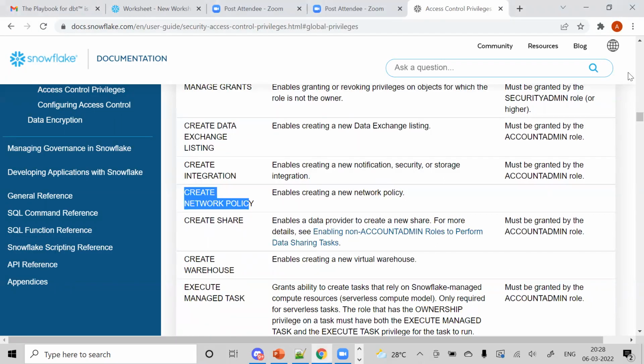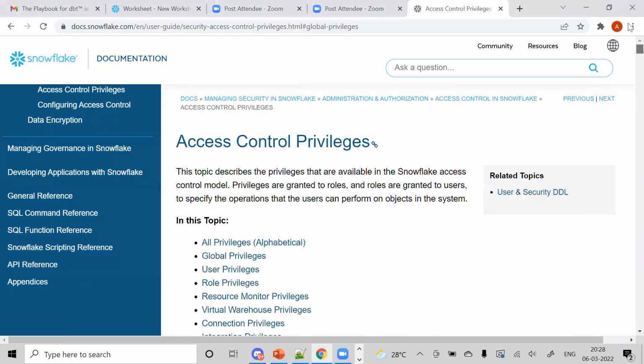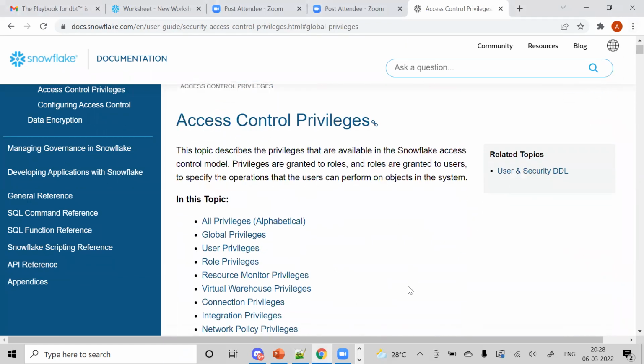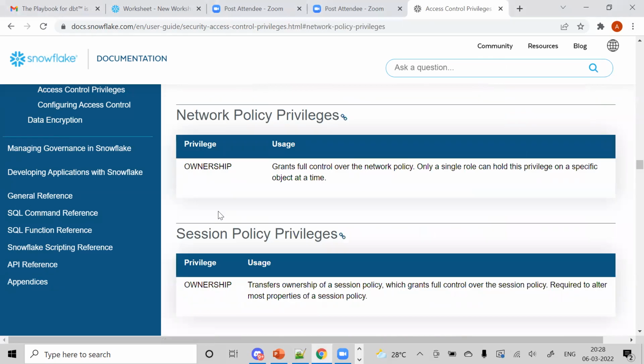As for other network policy privileges, once you create the network policy, you can go to network policy, and it just has one privilege, which is ownership. So you can give this ownership to some other role on a specific object. There's no other kind of privilege.